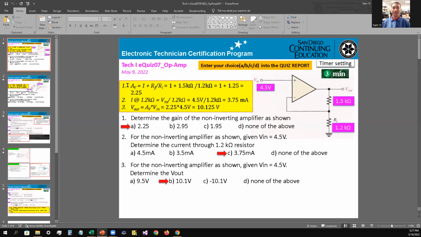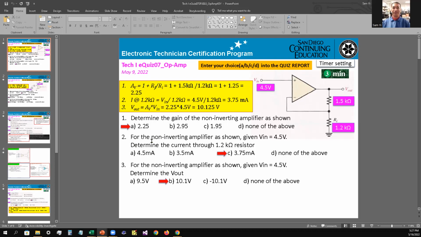The formula is gain equals 1 plus RF divided by Rin. RF is the feedback resistance, which is 1.5, and Rin is 1.2 kilo ohm. That comes to about 2.25, so the answer is A for number 1.